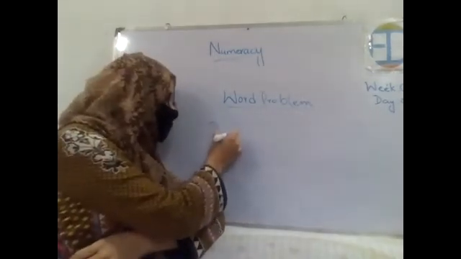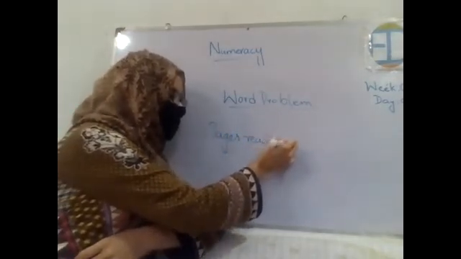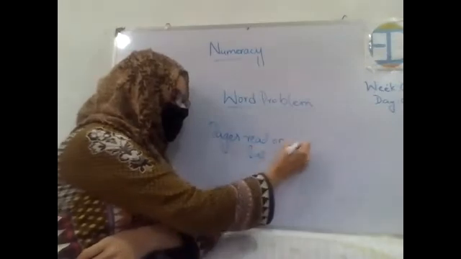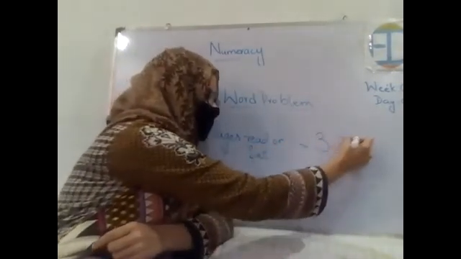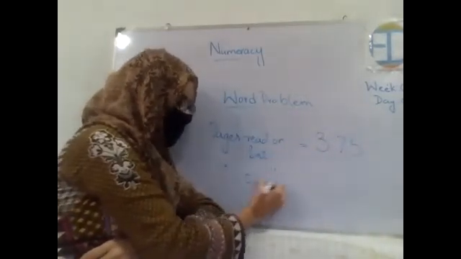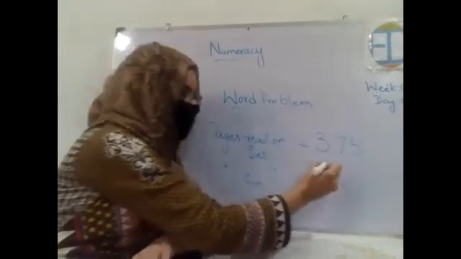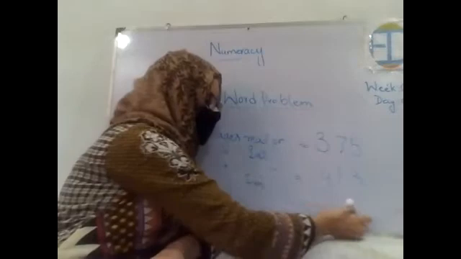Pages read on Saturday equals 375, and pages read on Sunday equals 413. Okay, Alize, I have written the data for you.